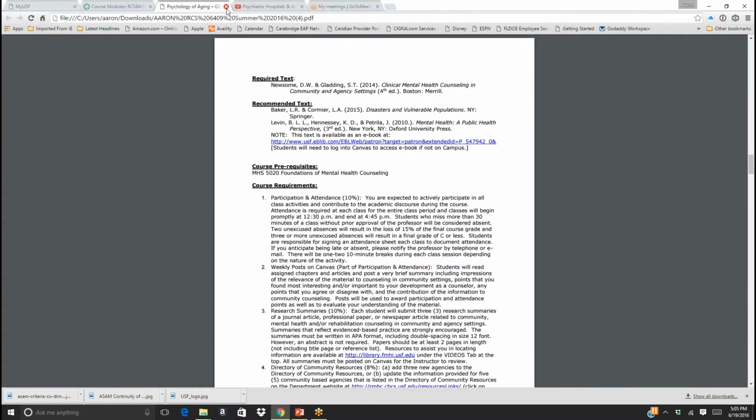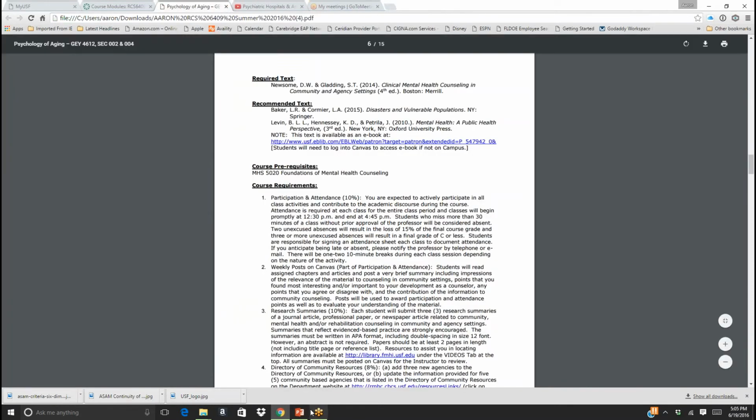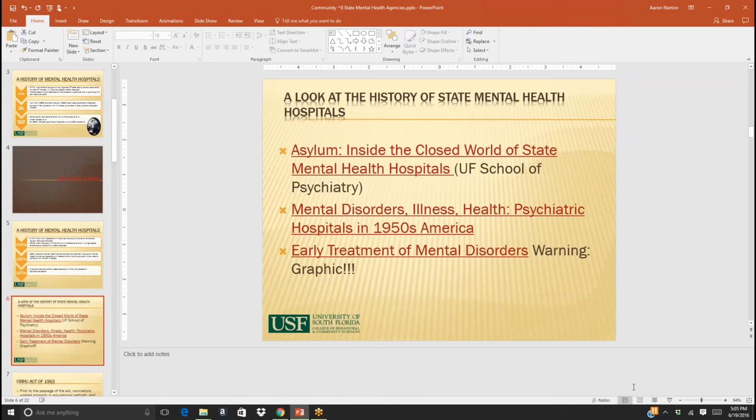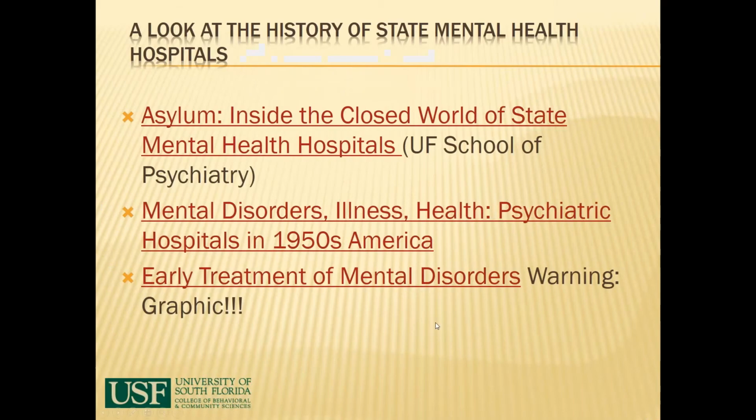Okay, so that is a look at some of the kind of crude, at least from today's standards, treatments that were available in some of these psychiatric hospitals, say around the 50s and 60s and that kind of era. Now, a few comments about this. Normally when I show this in class, I ask students to talk about their responses as they watch these videos, and they have a lot of very unpleasant reactions as they watch this footage.